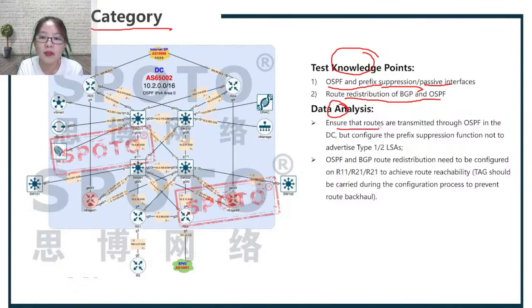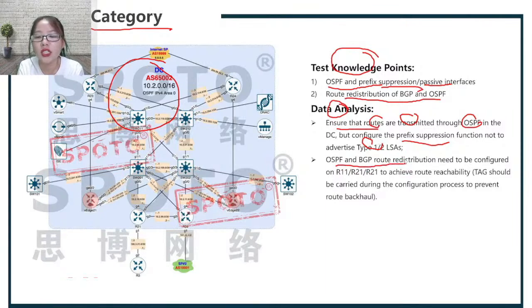First, you should ensure that routers transmit routing through OSPF in the DC. In this part, you should configure OSPF in the DC, but configure the prefix suppression function not to advertise type 1 and type 2 LSA. OSPF and BGP route redistribution need to be configured on router 11 and routers 21 and 22.